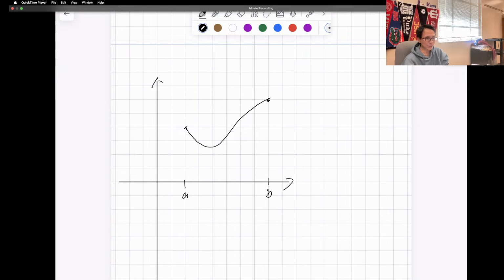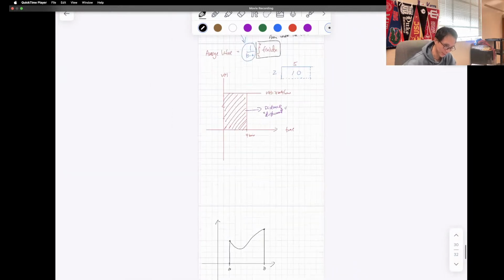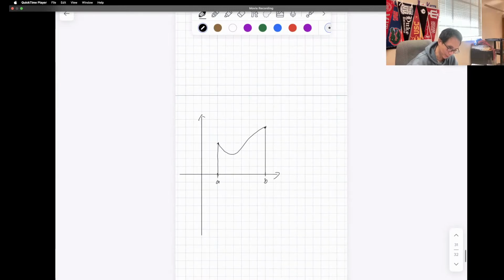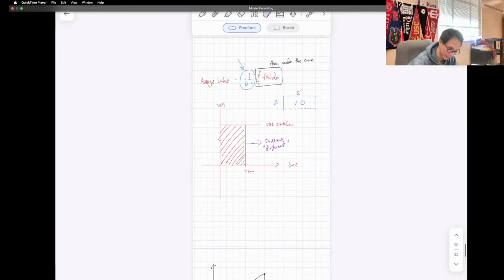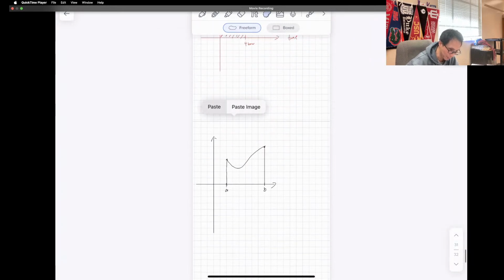All right, so let's say I have the area under the curve between a and b, and I'm going to show this area as the red part, because we're going to copy this and paste. Now, this is one of the most common things to test, so you have to know the formula.